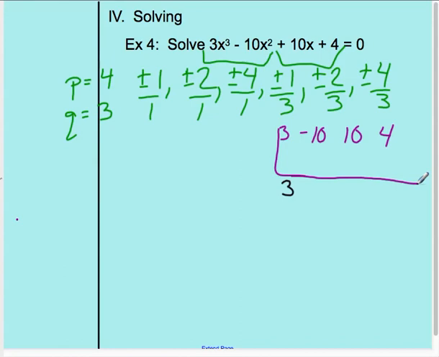Sorry, I didn't look at this one in advance, so I didn't check the graphing calculator. I just have to try 4 because I want to try these integers before I jump to the fractions. That one's not going to work, so let's try a negative. And that one definitely will not work.